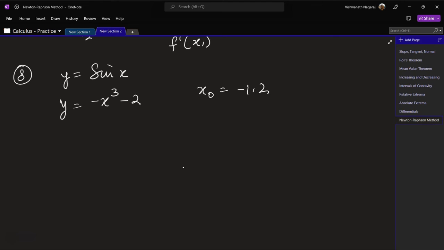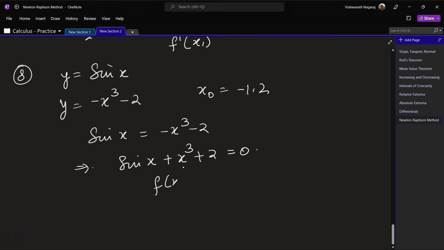So again, if they intersect each other, these two are going to be equal. So sin x is equal to minus x cube minus 2, which implies sin x plus x cube plus 2 equal to 0. Now let's say this is f of x.